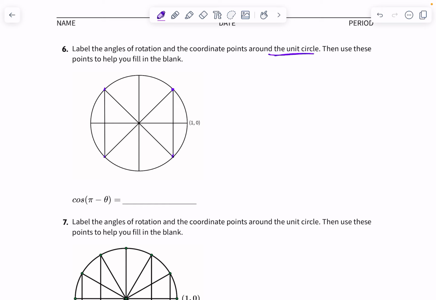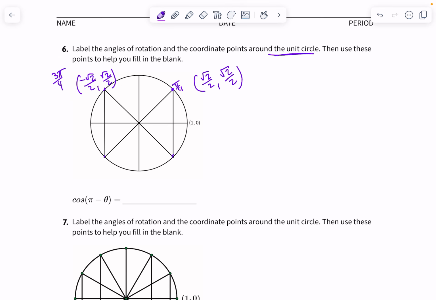So right here, this is going to be pi over 4, and my coordinate point there is square root 2 over 2, square root 2 over 2. Over here, we are at 3 pi over 4, and my point there is going to be negative square root 2 over 2, comma, square root 2 over 2. Let's make this more clear.